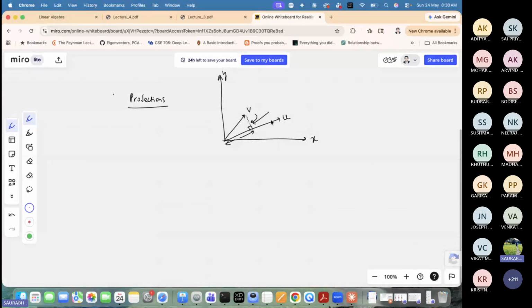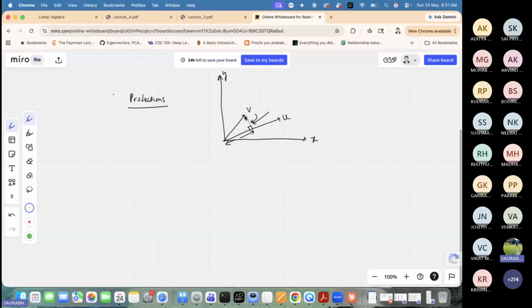Think of it as when we project a vector on another vector, we are essentially asking this geometric question: what is the best possible approximation of vector V in this particular case using the direction of U? And when we say approximation, approximation always has an error. And in vector math, the error is the third vector. This is the difference between your original vector, which is the V vector, and your new approximation.